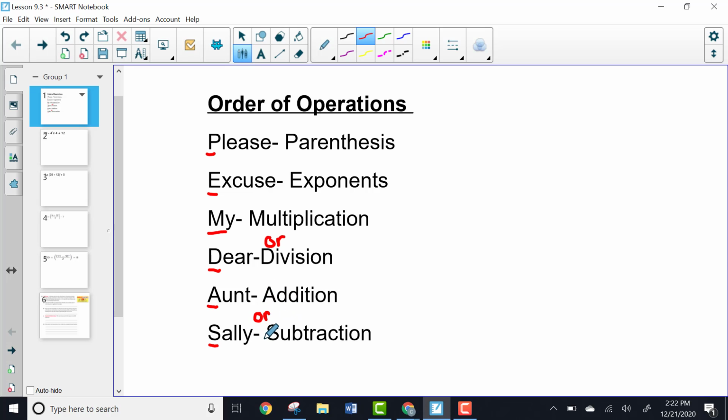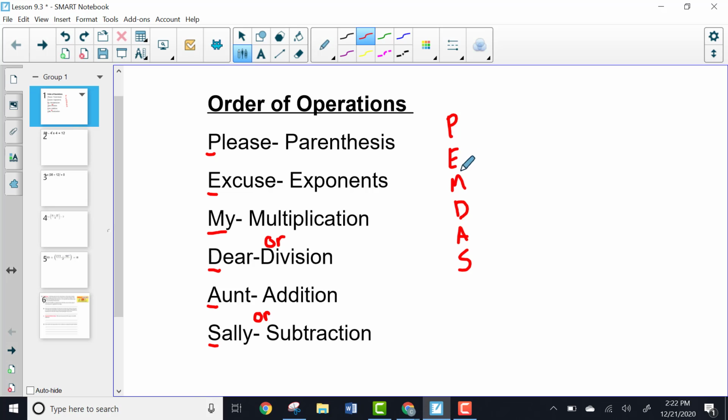Okay, whichever one comes first in order from left to right. Now a lot of people even call this PEMDAS, the order of operations. Okay, so following these order of operations is the most important part of order of operations.